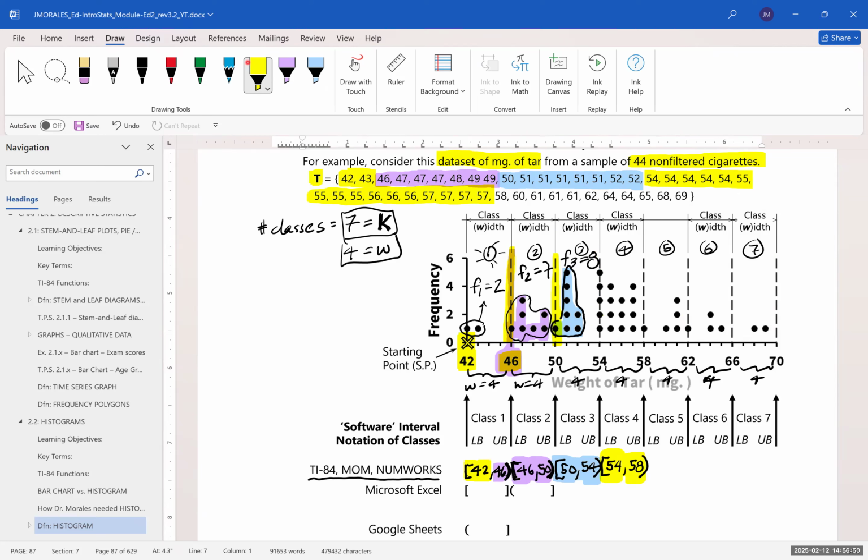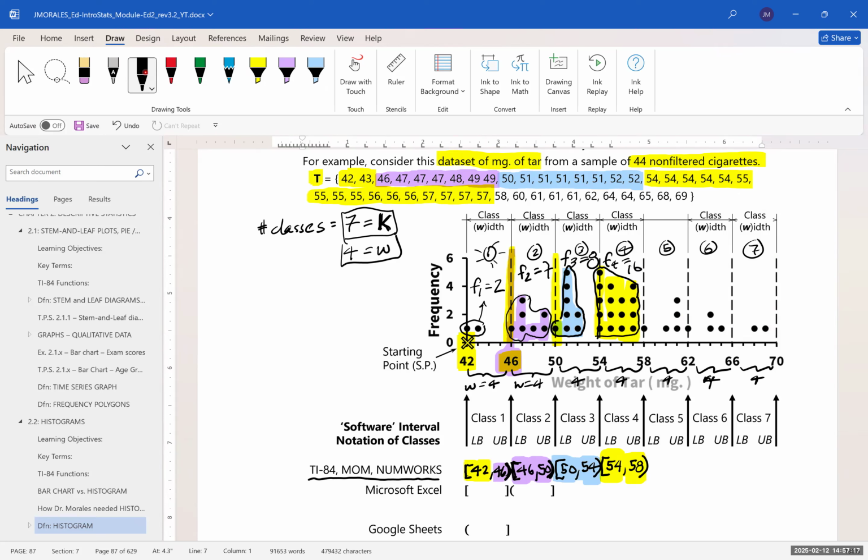So it's going to be including 54, 55, 56, 57, but excluding 58. So what's the frequency of our fourth class? It's going to be 1, 2, 3, 4, 5, 6, 7, 8, 9, 10, 11, 12, 13, 14, 15, 16.